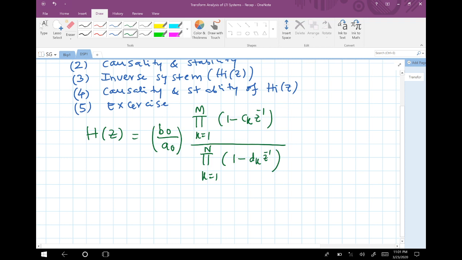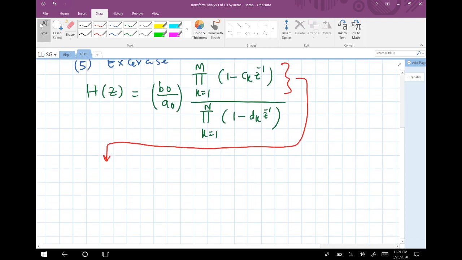Now let's make a quick analysis of this as well. Let's first start with the numerator part of it. What does this multiplication of these terms contribute to?